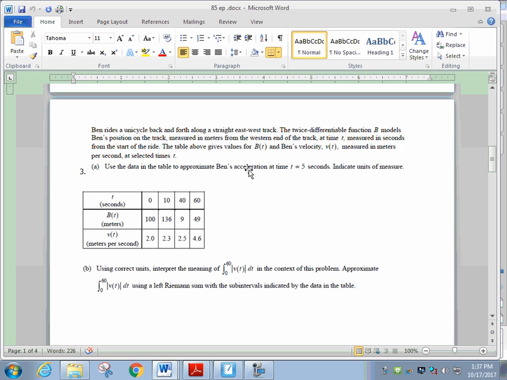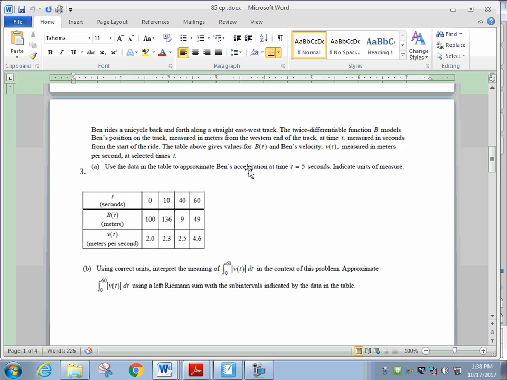Acceleration is change in velocity over change in time. I can't take a derivative because I don't have equations. Look at your work. Do you have approximately or equal? If you have equal, you just lost a point on the AP test. It is an approximation. Make sure you are intentional about the approximation.